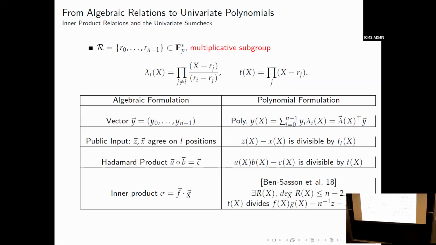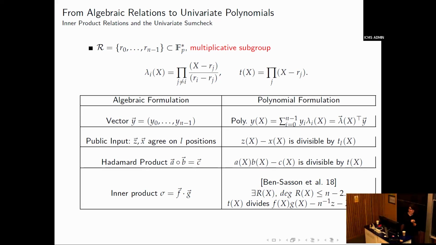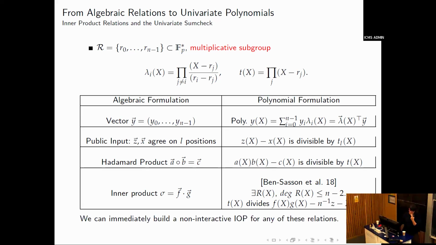Let me emphasize again, I haven't done anything, this is just a transformation. There are no cryptographic protocols, it's like a rewriting of things. And for any of these relations, given this transformation, I immediately have a non-interactive PIOP. Let me show you an example.